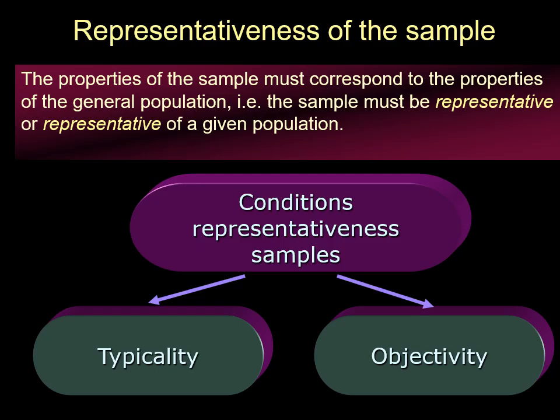Typicality means that the sample should include those objects that are typical, that is, equivalent for the entire general population. The objectivity of the sample means, first of all, a random choice: objects fall into the sample randomly, not in a subjective way.